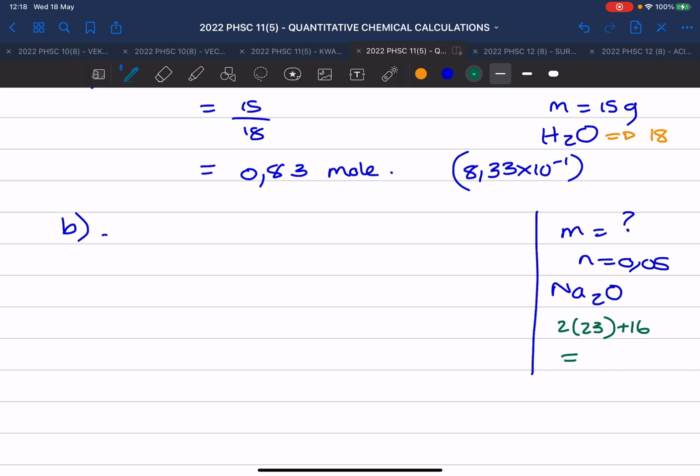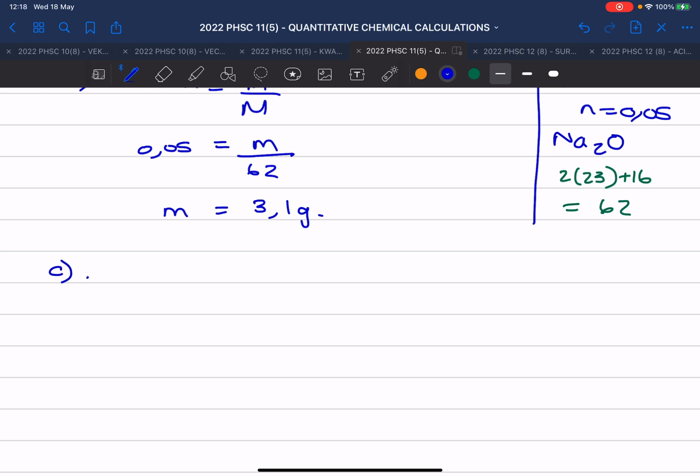That gives you 62. Alright, so mole is mass over molar mass. Mole is 0.05. We want the mass, and the molar mass is 62. And you get there 3.1. Correct.